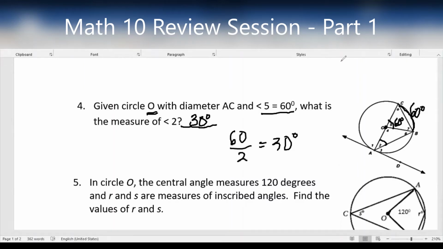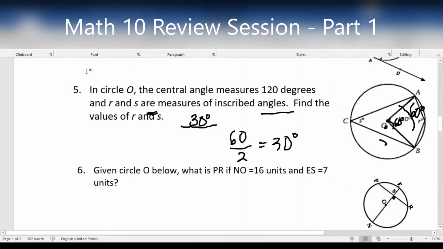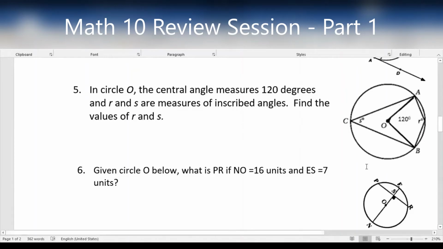Next, number 5. R equals 120 degrees, and S equals 60 degrees. Yes, very good. That's correct. Please discuss to us. Based on a theorem, if the central angle is the same as the arc it intercepts, that's why R is 120 degrees.